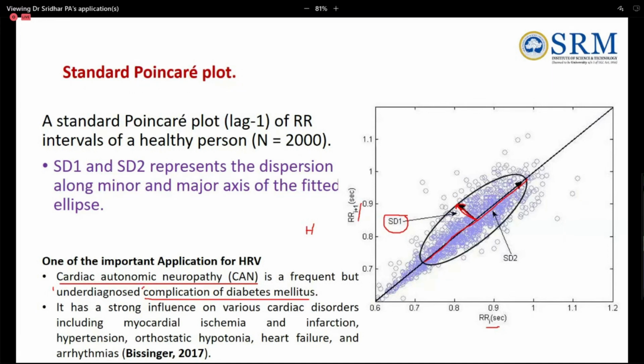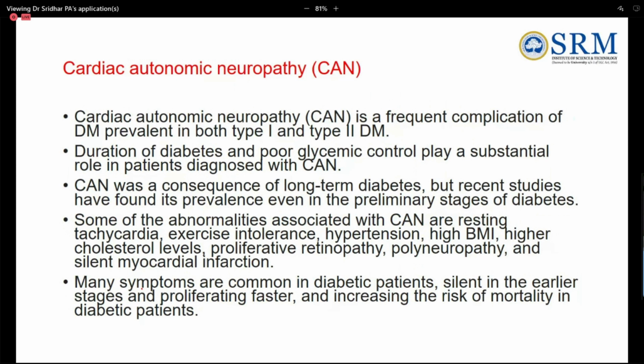But now it has been more improved, because every time we are able to see the heart conditions, if there is any, if you have hypertension, or if you are looking into the diabetes mellitus condition, this autonomic involvement started to come, and that is how this played an important and substantial role in the patient's diagnosis.